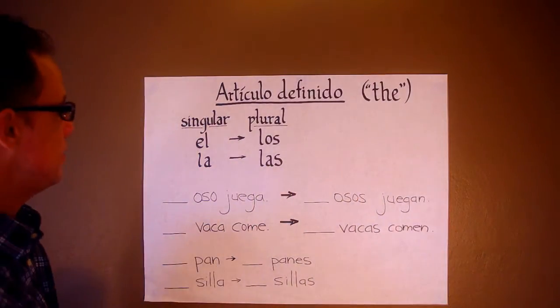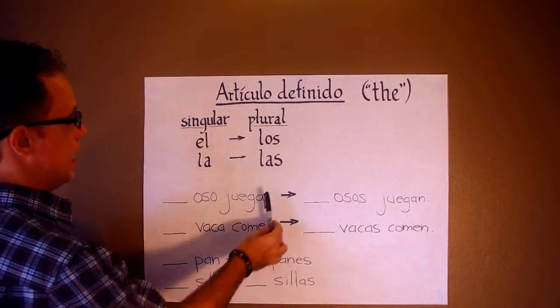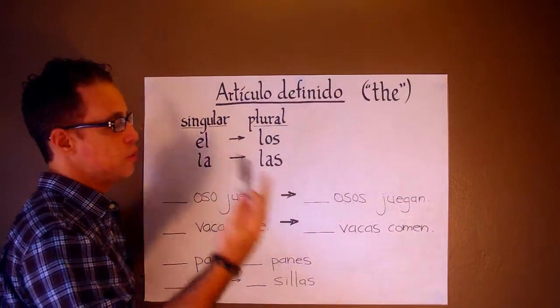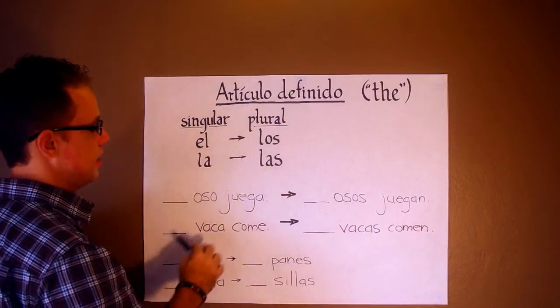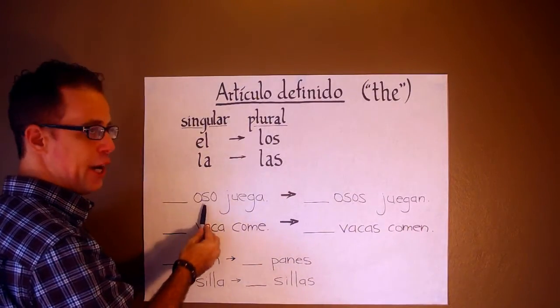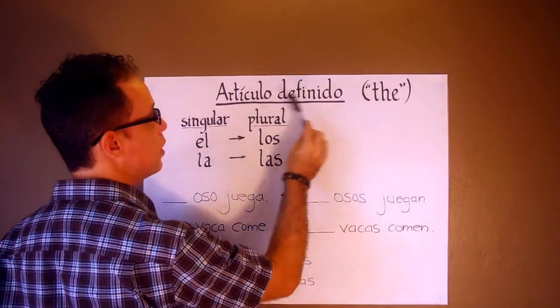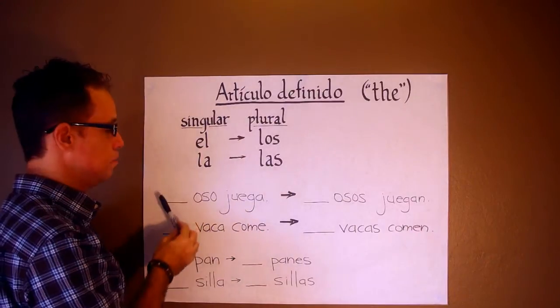Okay, so let's see these examples. Here we have a sentence. This is like your first sentence in Spanish if you don't know any Spanish at all. Here it says something bear plays. If we want to use the definite article in English, it will say the bear plays.